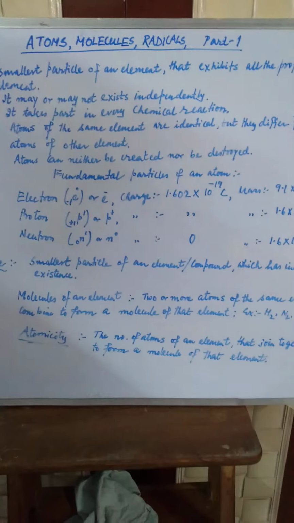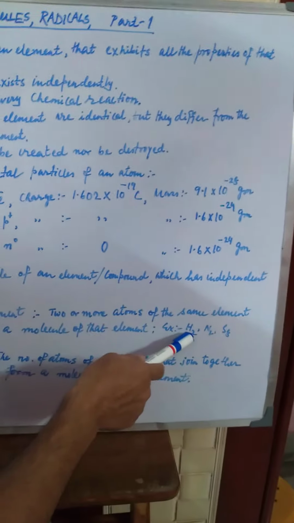Now we are going to consider the molecules of an element. When two or more atoms of the same element combine with each other, they form a molecule of an element. For example, hydrogen, H2, means two atoms of hydrogen combine to form one molecule of hydrogen.